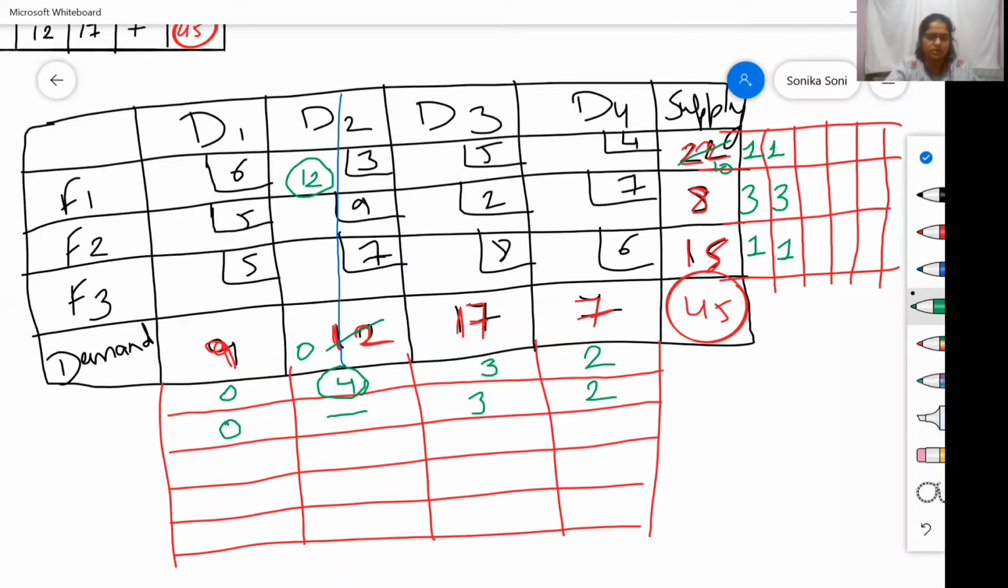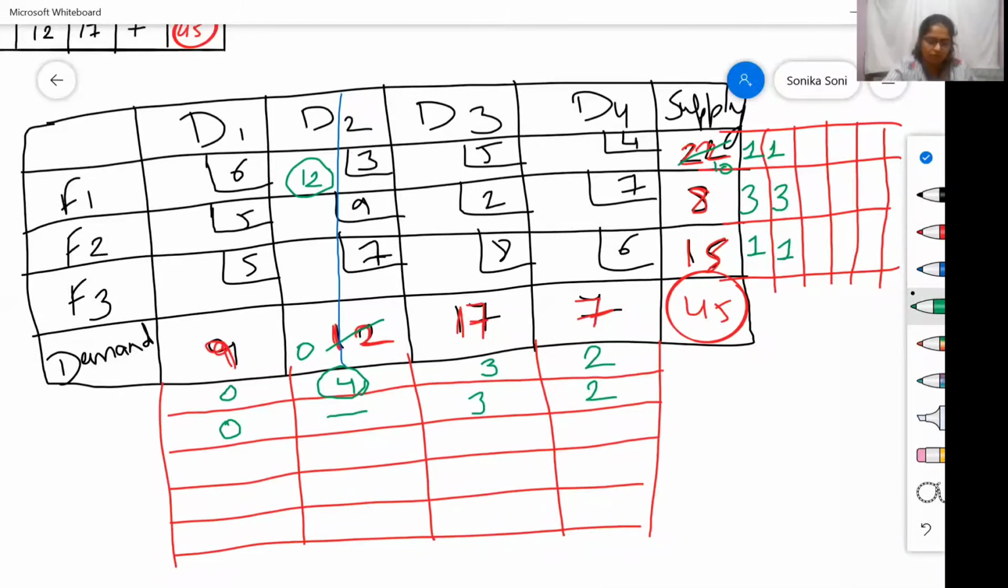Now, which is the highest penalty here? We have two highest penalties, which are 3 in the D3 column and 3 in the F2 row. Now we have to see which row or column, of the corresponding penalties, has the lowest costs.